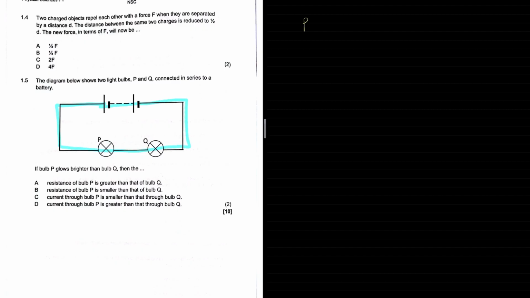When we're talking about circuits in series, more often than not, we use the power formula I squared R, since I is constant in series. When we're talking about power in parallel, more often than not, we'll use P is equal to V squared over R. It's not always the case, it's just easier to work with it like this.